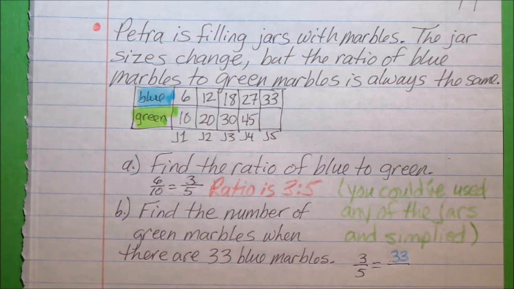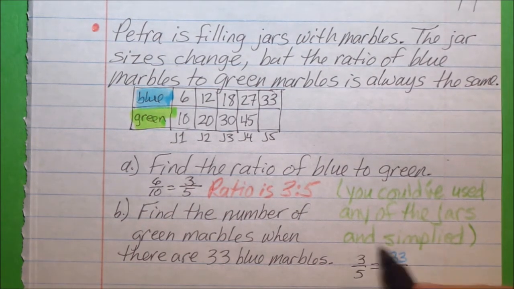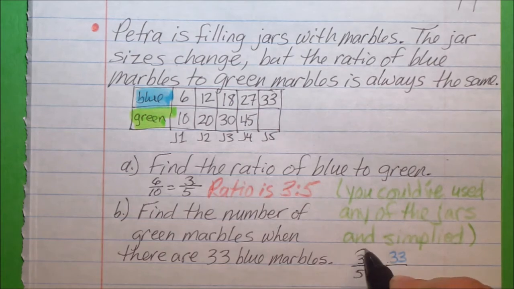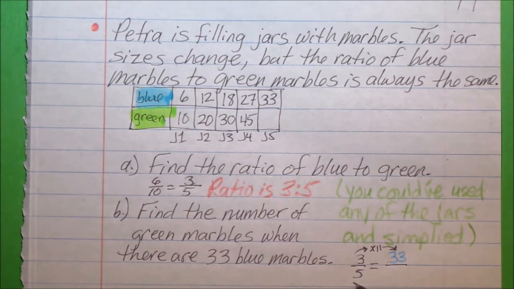Well, this is the same as when we were working with fractions and we learned how to make equivalent fractions. What did I have to do to the 3 to get it to a 33? Well, I had to multiply the 3 times 11 to get 33. And what you do to the top, you have to do to the bottom.